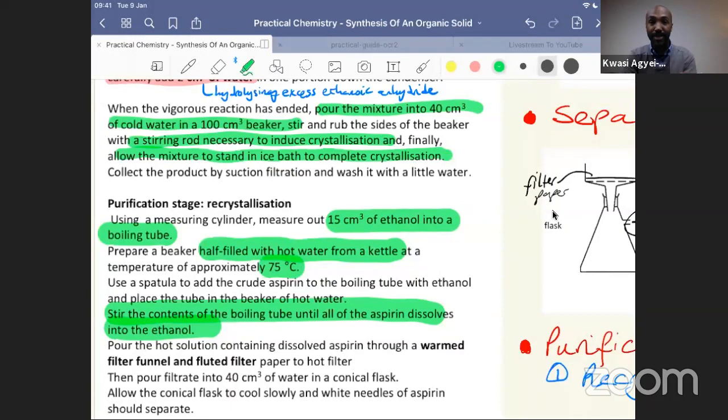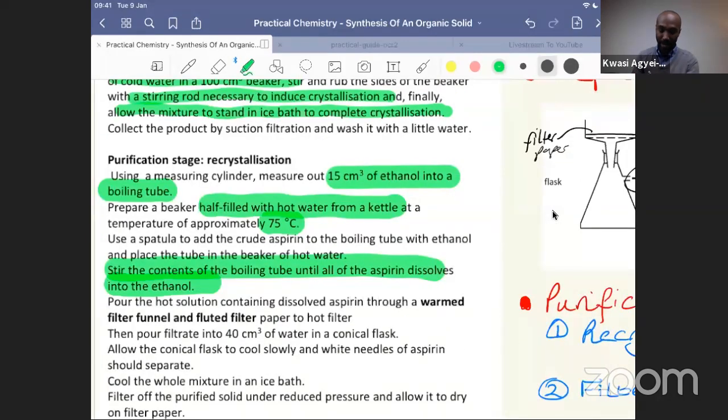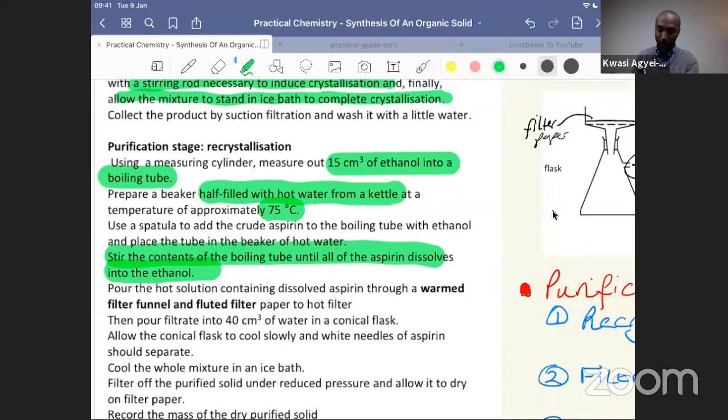So any bits of, who knows, grit, perhaps. Don't know how that would get in there, but any insoluble impurities, when filtered hot, will remain on your filter paper. So now you've got your solution and you're ready to leave it to cool. You're going to leave it to cool slowly, and you should get your crystals of aspirin forming.